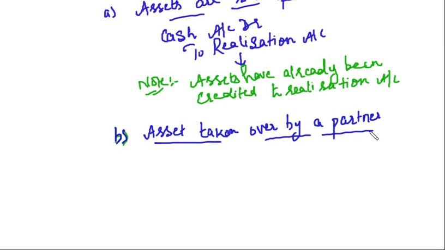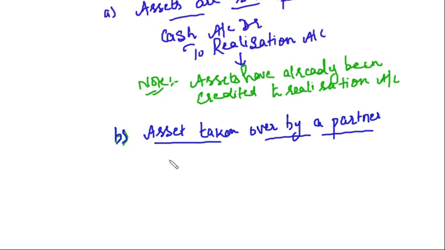He says, give me this asset of the firm and adjust it from my capital account. What is the capital account? That is the liability, that is the payment towards the partner. He says, give me this asset and whatever is the value of asset, you deduct it from my capital account.